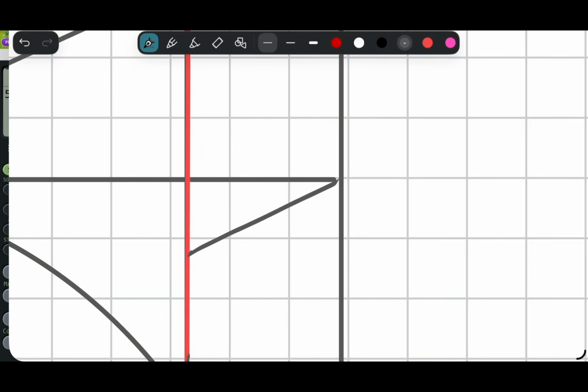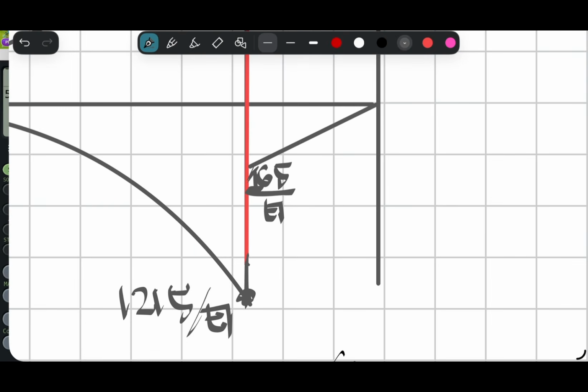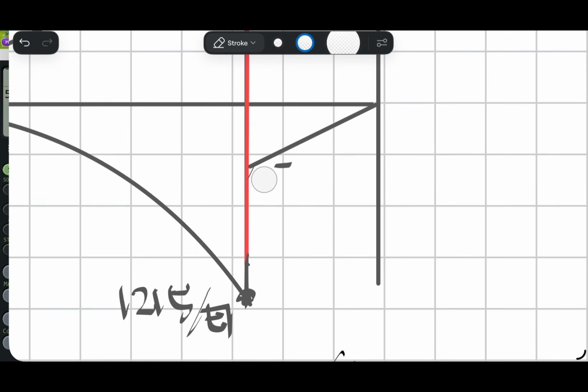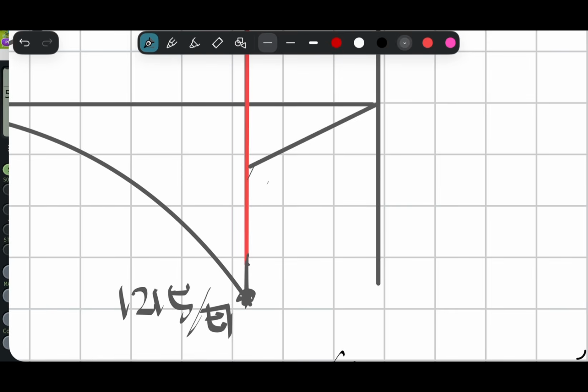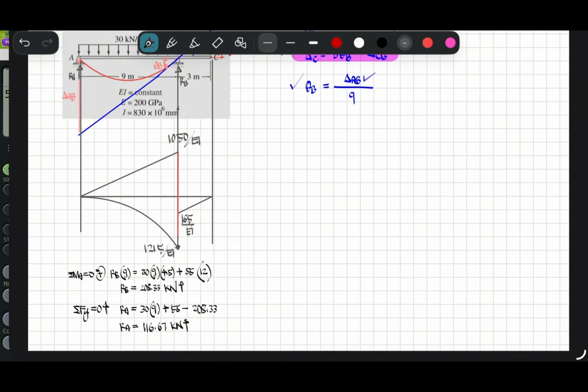So 165 over EI. That is the value of the moment at point B of the 55 kilonewton load. So the M over EI diagram is complete.